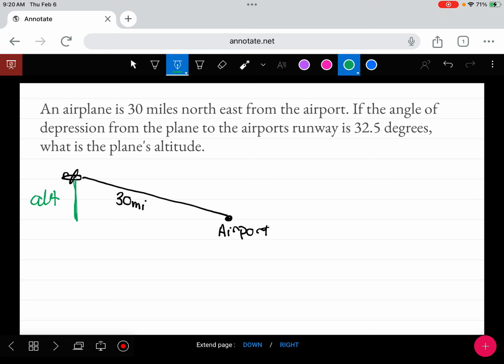What we know is the angle of depression. So what that means is the pilot's looking out the window and looking down to the airport. This angle is the one we know. If the plane flies along here, this is what the pilot looks at as straight ahead. This angle is 32.5 degrees.